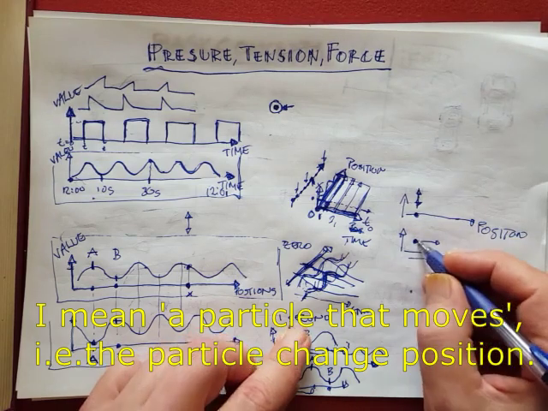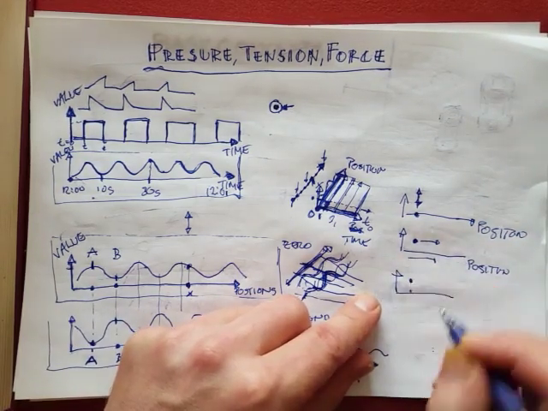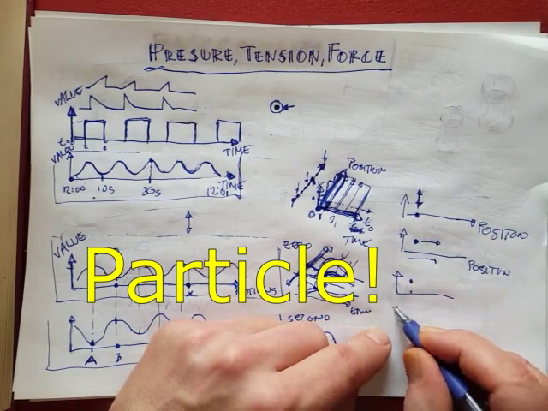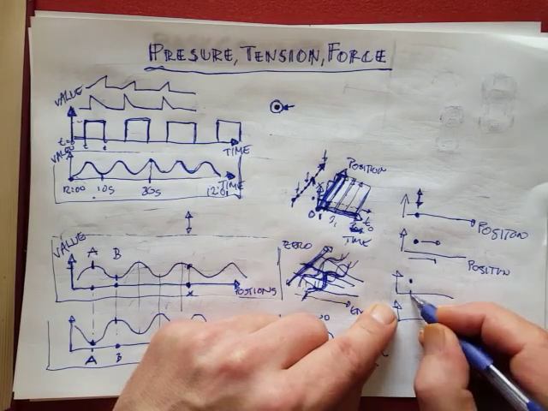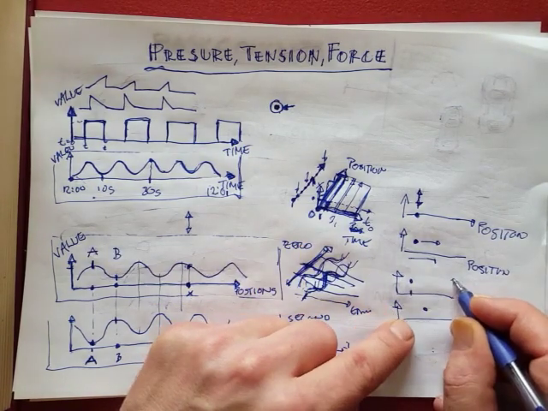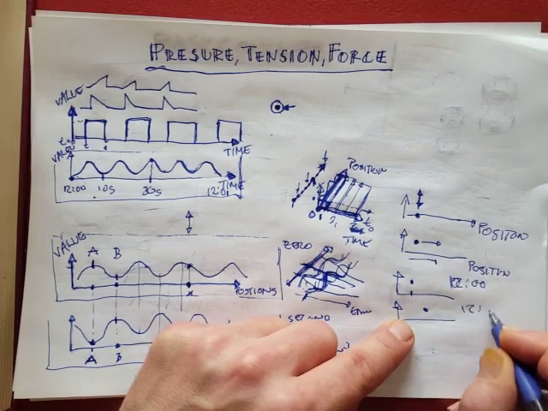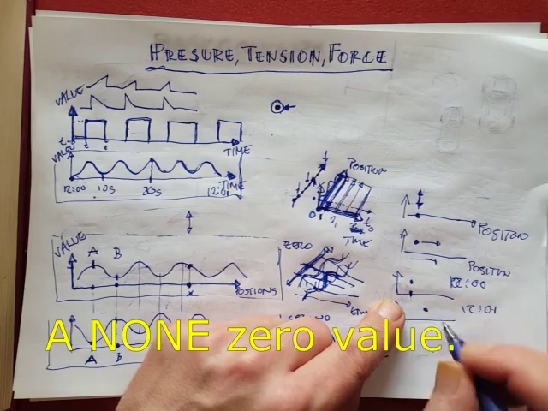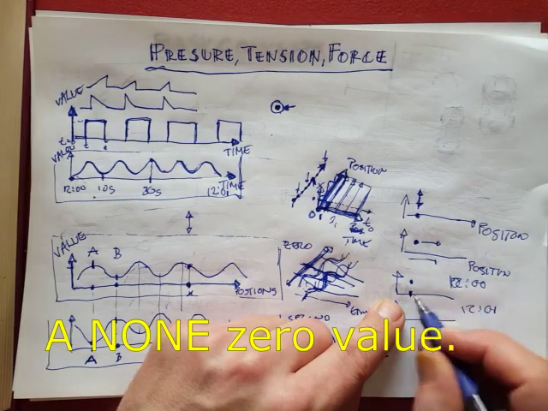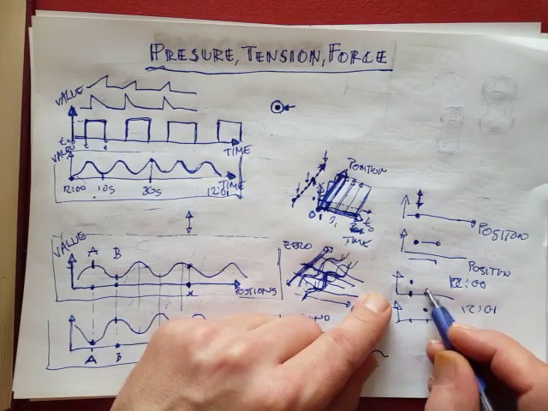So at one time the point is here. At another time the point is here. And what that means is that if this is 12:00 and this is 12:01, that means at this time point there was a value at 12:00, there was a value at that point, but there was not a value here.